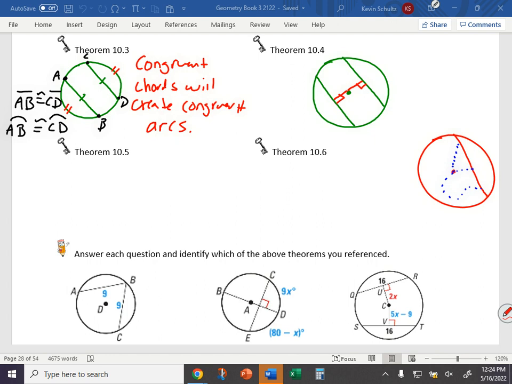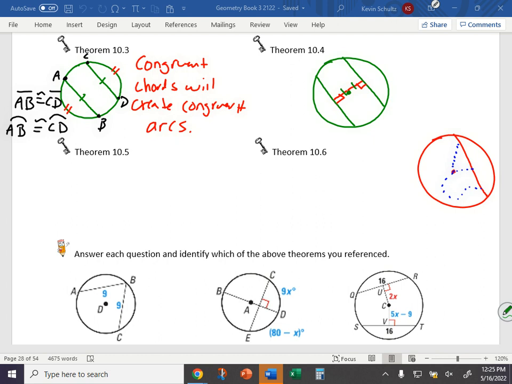If these two segments are congruent, then you know you have congruent chords. If two chords are equidistant from the center, which is done by measuring those perpendicular segments, then you know the chords are congruent.